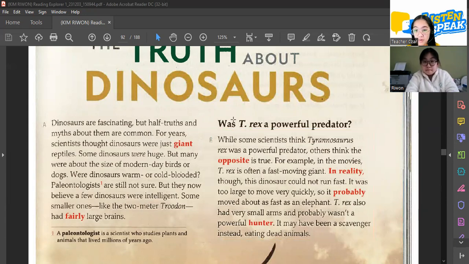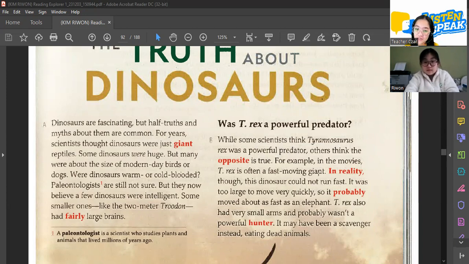Okay, so here there is a question. Was T-Rex a powerful predator? According to some, Tyrannosaurus rex was a powerful predator, but others think the opposite is true. For example, in the movie, T-Rex is often a fast-moving giant, but in reality, these dinosaurs could not run fast because of their size or weight.